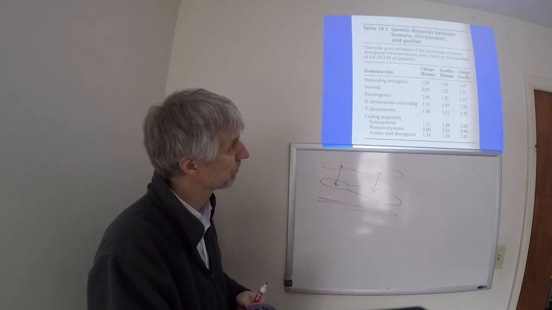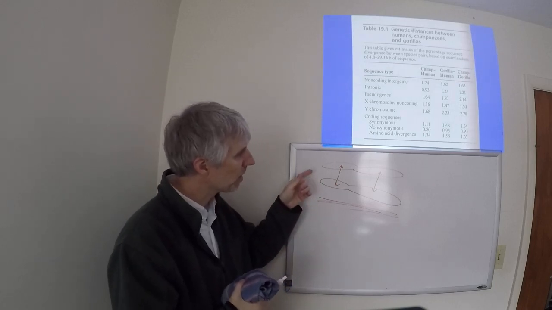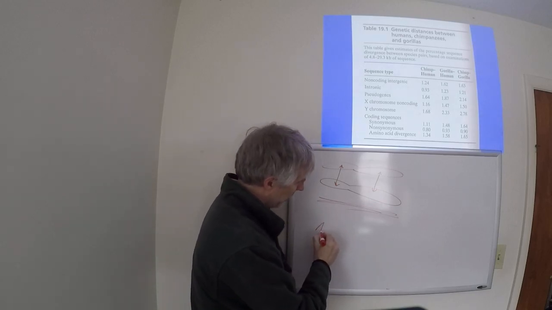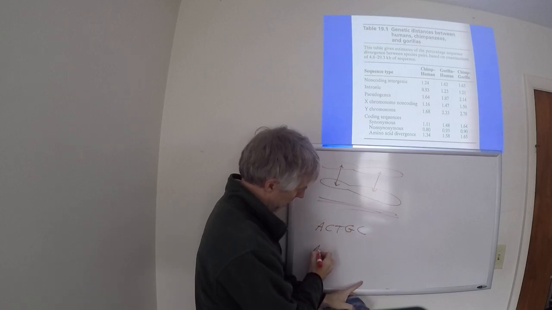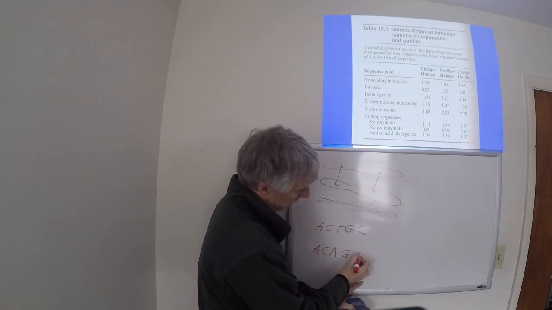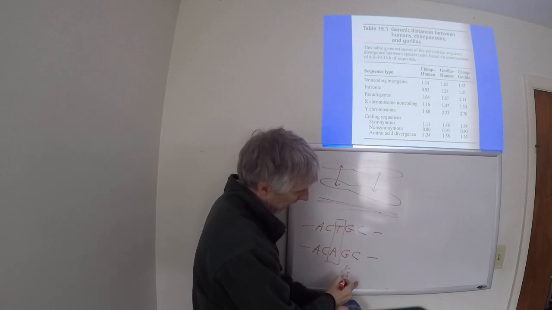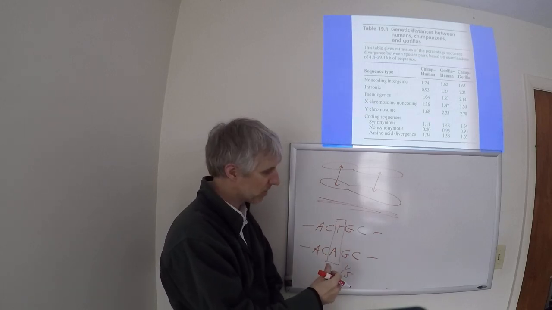Is that okay? All right, so do you remember what we called differences in sequences? So if this is one of the sequences and this is the other sequence, and we had a 1 out of 5 difference, remember the term that we used to describe this?